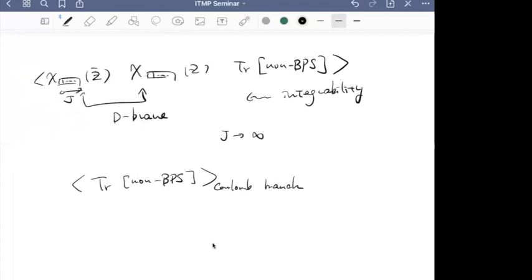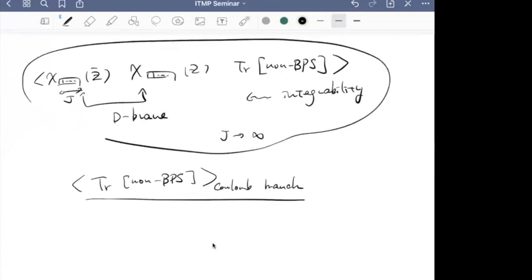I'm not sure if this is precisely what you're asking, but in principle, if we succeed in computing both objects using integrability, then by taking the large J limit and comparing the answers, we can see whether this notion of large charge expansion is really correct even for non-BPS operators.